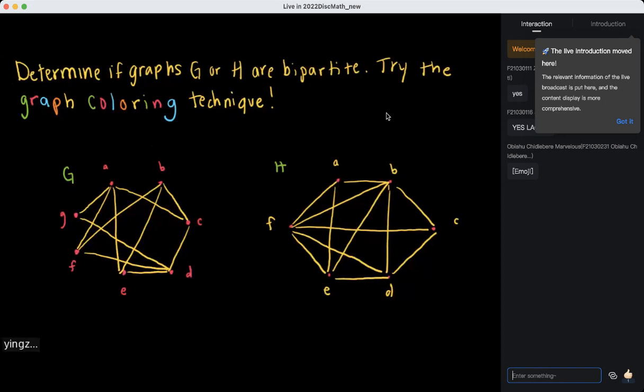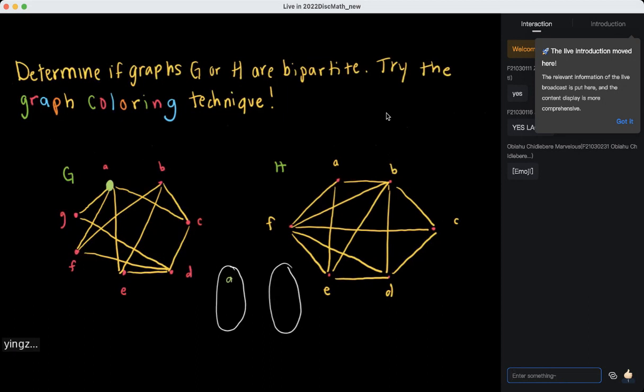So let's start by using a graph coloring technique. What I'm going to do is I'm going to choose a random vertex. In this case, I'm going to choose A. And again, the normal bipartite graph form is that I'm going to have two subsets. So essentially what I'm saying is I'm putting A over here. And I'm saying, what can I put in the other subset?